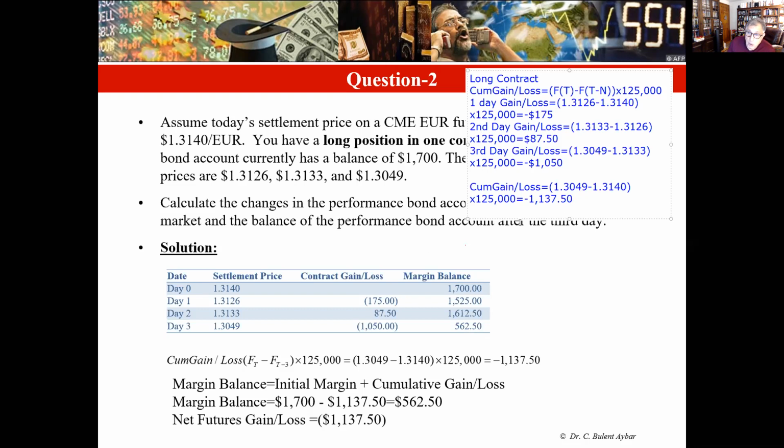In the case of a long contract, the gain or loss can be calculated by F_T minus F_0 or F_T minus F_(T minus N), assuming N prior days to the last day. And the loss in this case is $1,137.50.